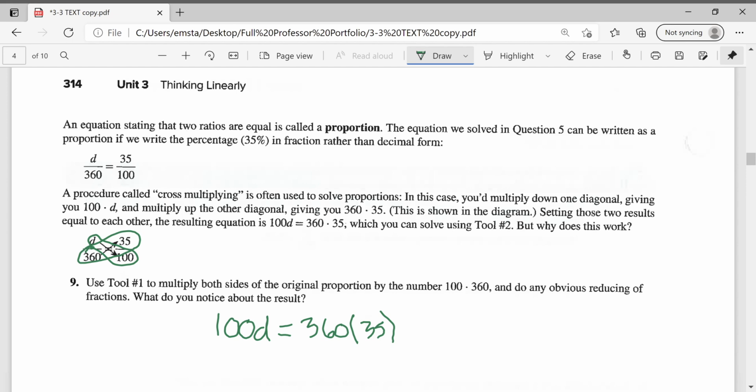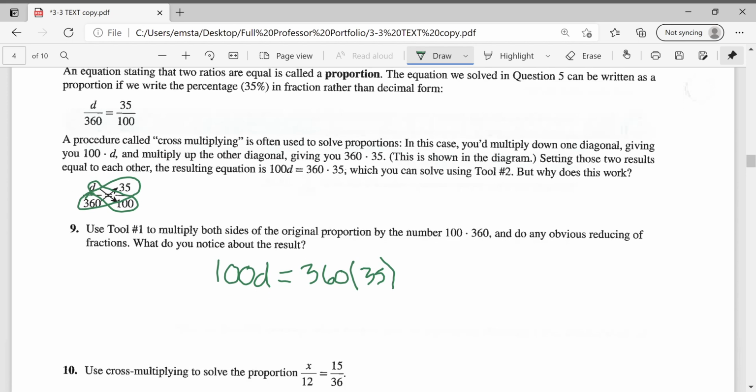And let's go ahead and solve that. So I get 100d equals, get your calculator out, and go ahead and do 360 times 35. It gives me 12,600.